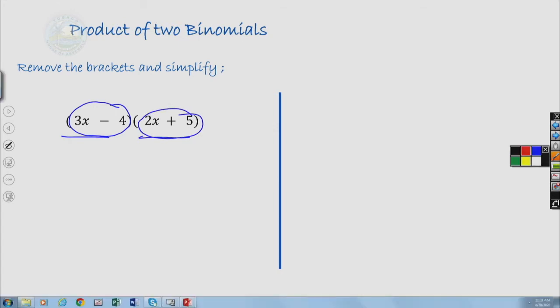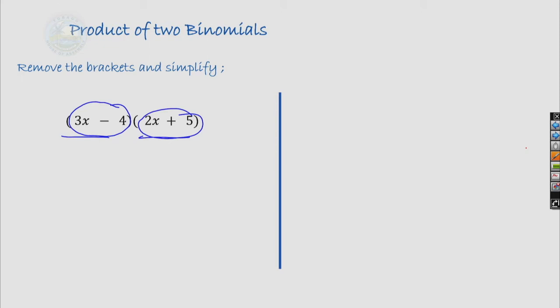What do you think? That's right. What we can do is take this first element in this bracket and multiply it by the entire second bracket. And likewise, we take this one, and this is not just 4, this is negative 4. So we take negative 4 and multiply it by the second bracket as well. That gives us this.